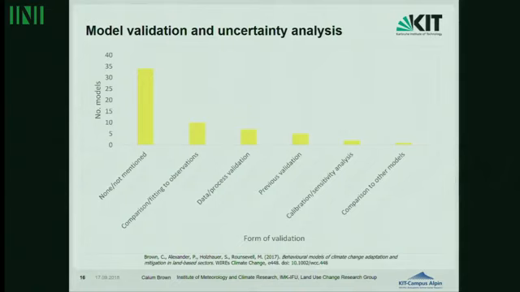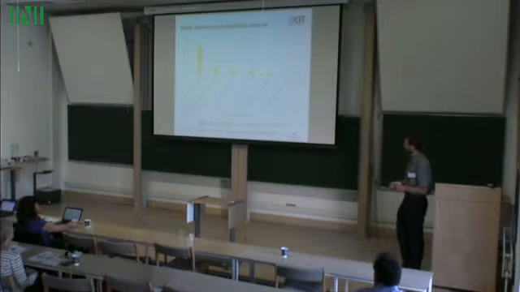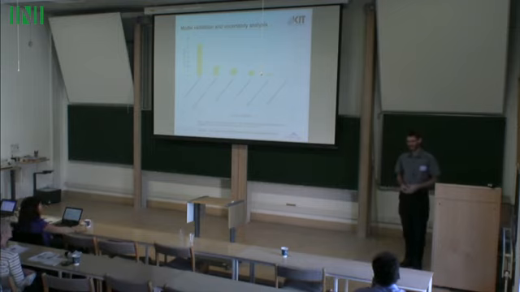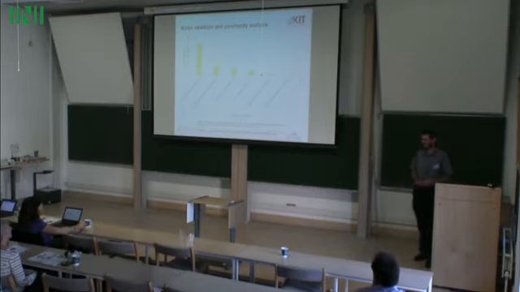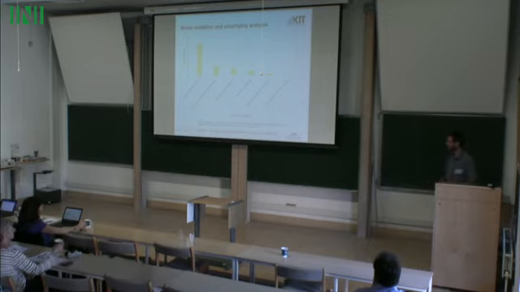And perhaps worst of all, by far the most common approach to model validation and uncertainty analysis was to ignore it completely here on the left. And the second most common approach was to tune the model to reproduce past observations and then assume that it was valid for the future, which of course is highly worrying when we're looking at new results from climate change.